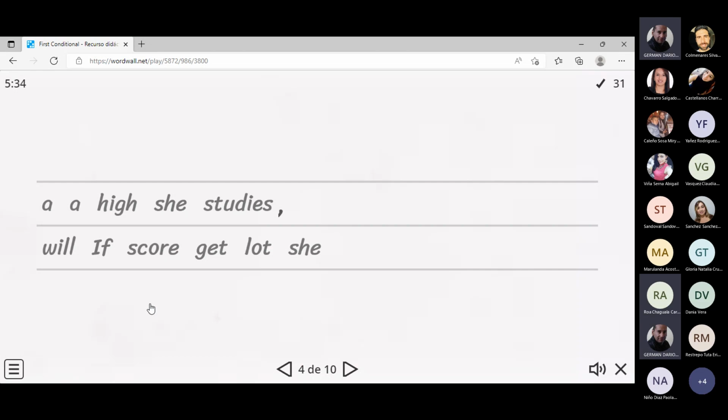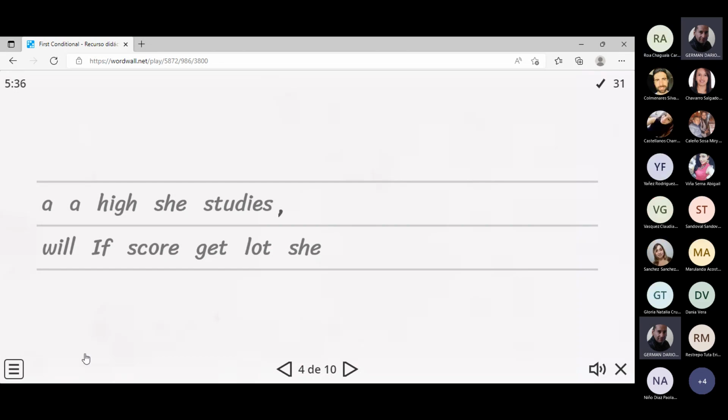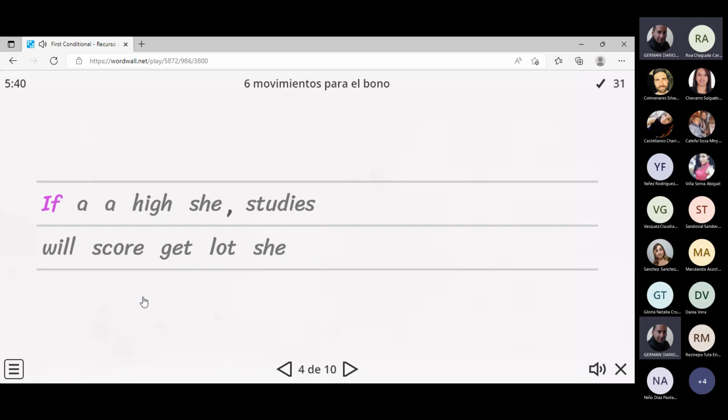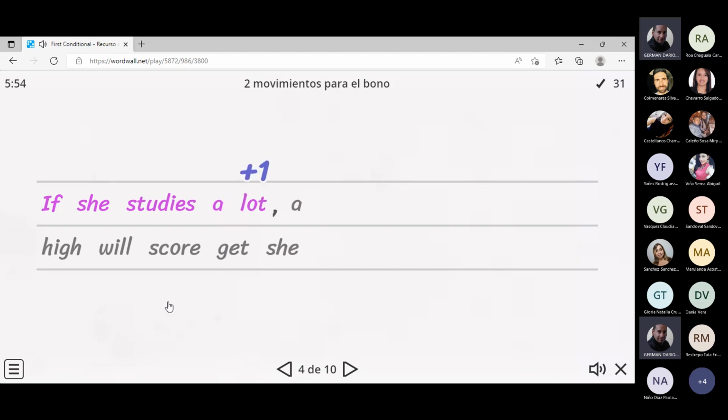Diana? Teacher, empieza if. If she studies. Yes, very good. If she studies a lot. Si ella estudia mucho. Yes, very good.